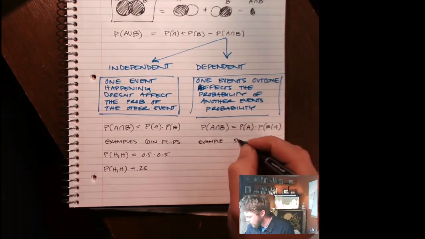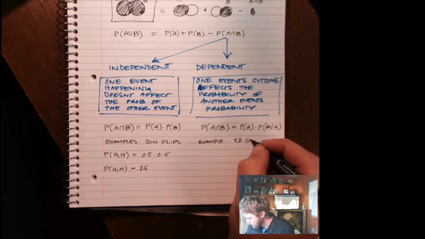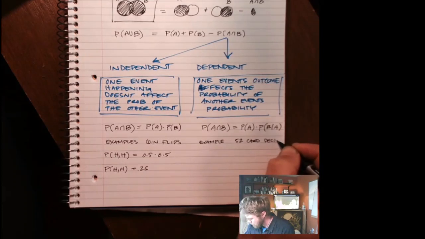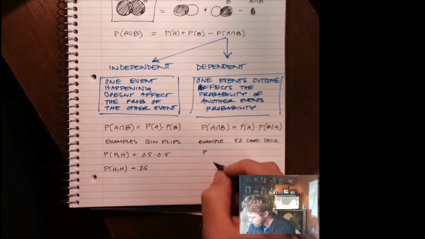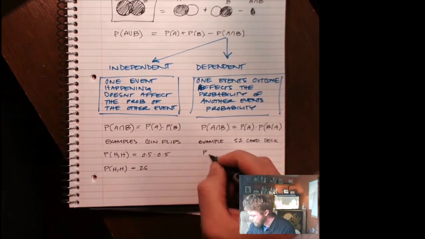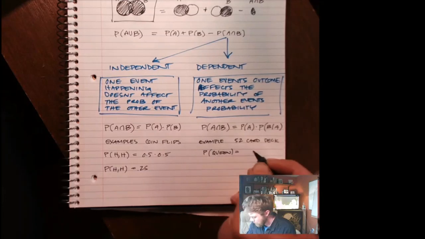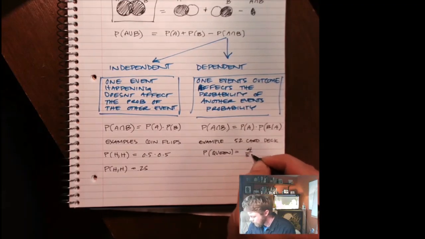Example: a 52 card deck. Probability of getting, say, a queen: there's 4 out of 52.